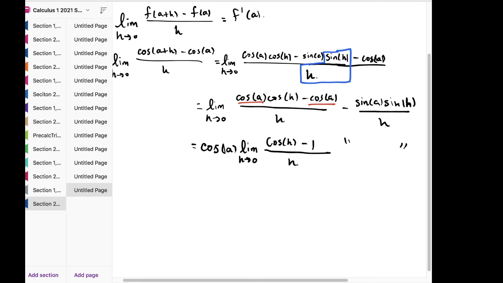Okay, how do you solve this limit? I did this limit before, so don't treat it as a formula, but how do you solve it? Do you remember?